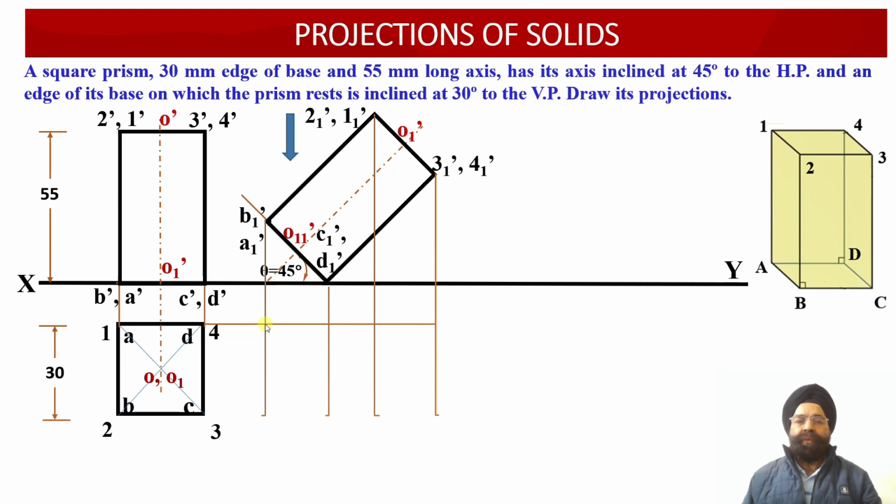over here. So wherever the vertical projector from a particular point intersects with the horizontal projector from the same point corresponding to the plan view, there we are going to obtain the corresponding plan projection points over here. So we can see over here there are 4 points lying over here.